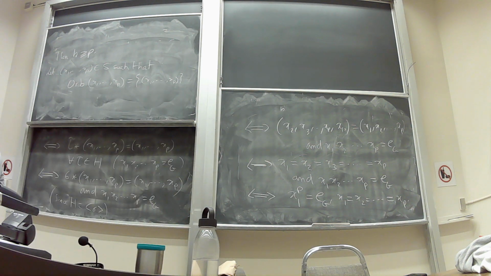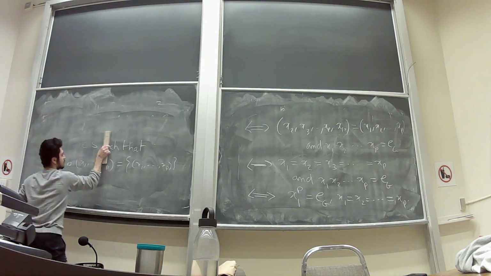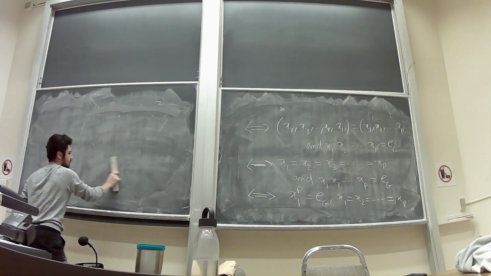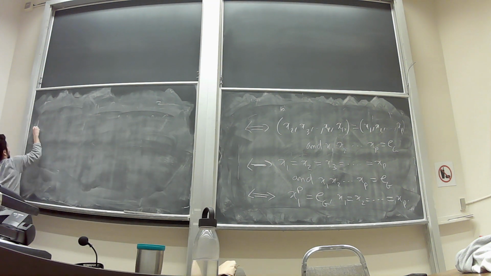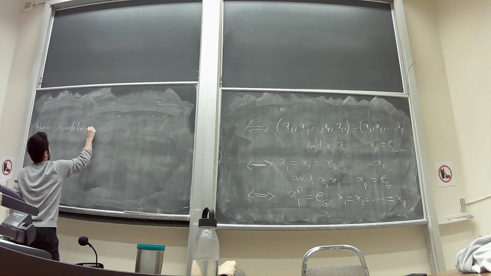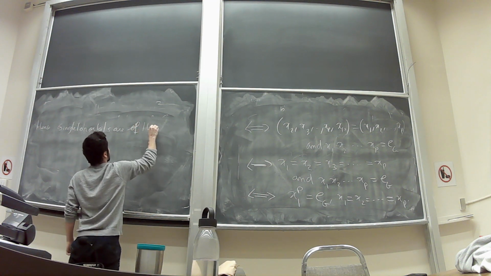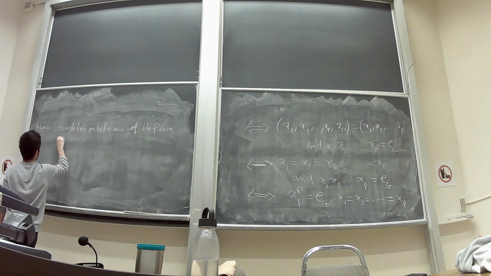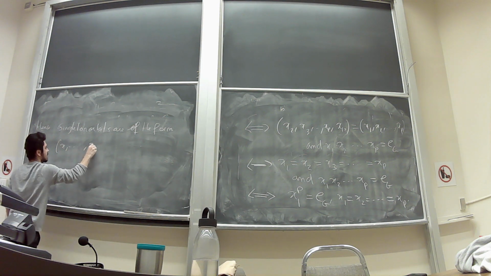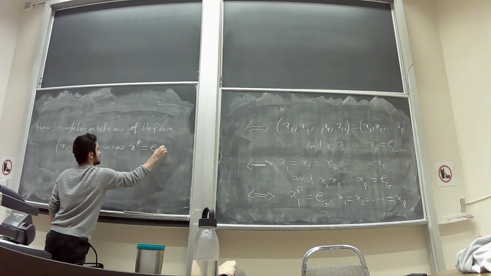There are at least p singleton orbits. Hence any singleton orbit is of the form (x, x, ..., x) where x to the p is the identity.